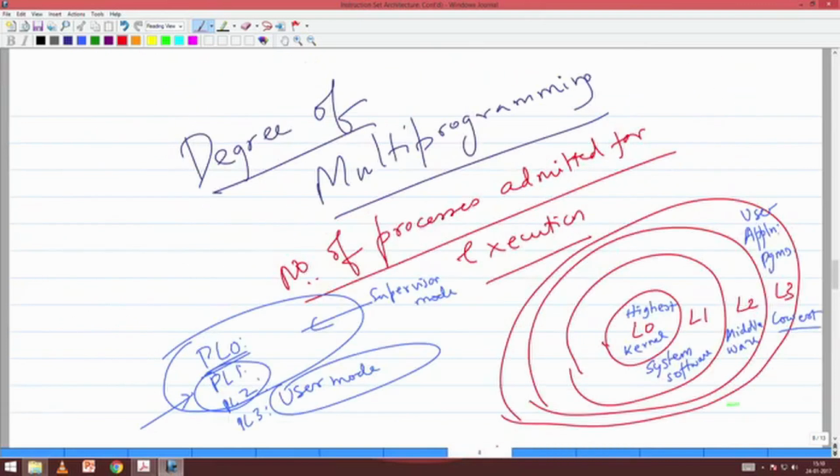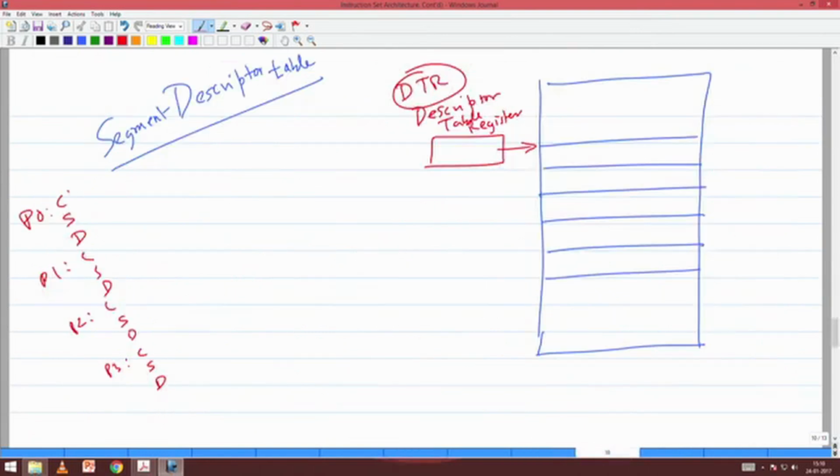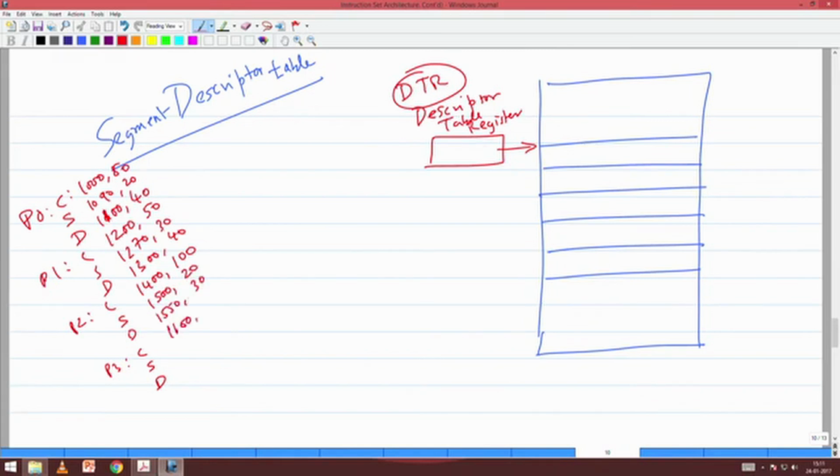Let us go a little back and see where they were: 1000, 50; 1090, 20; 1100, 40; 1200, 50; 1270, 30; 1300, 40; 1400, 100; 1500, 20; 1550, 30; 1600, 100; 1700, 10; 1750, 40, something like this. So these are all the segments.